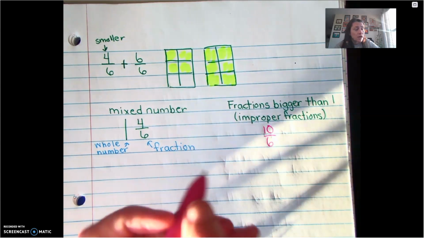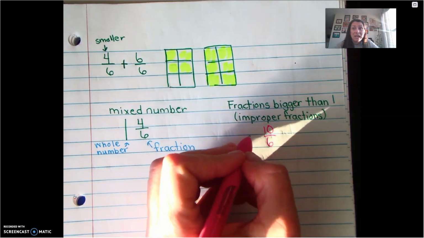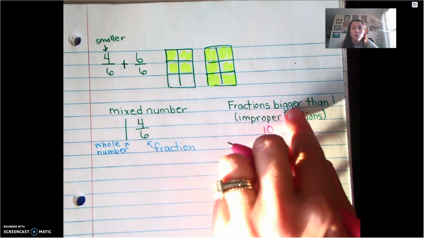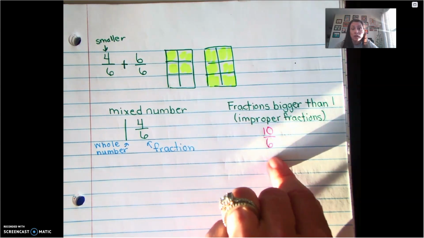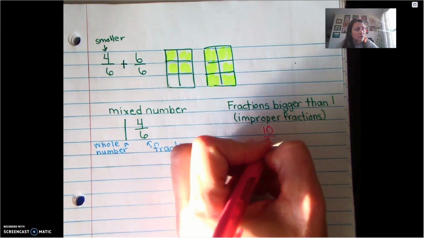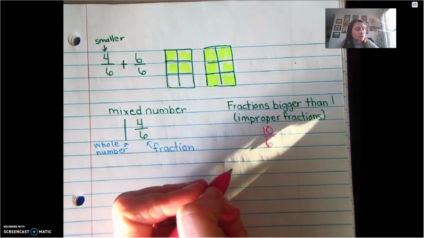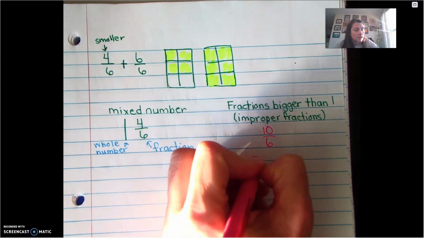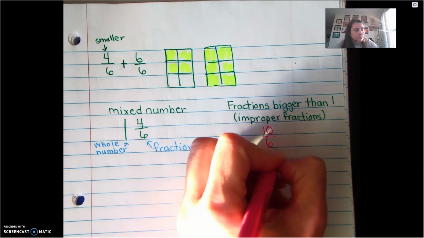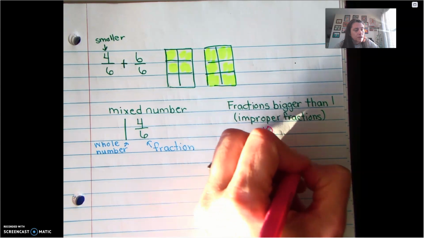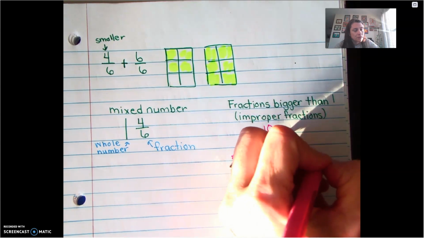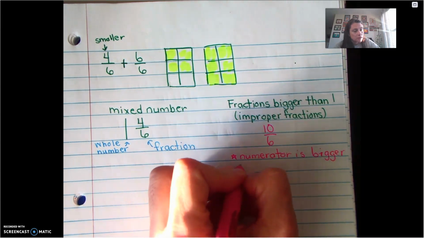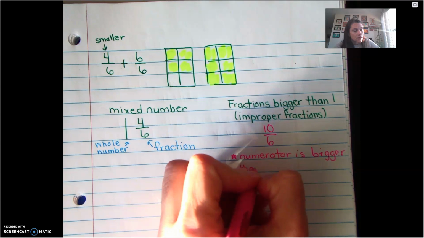If the numerator, the top number, is bigger than the denominator, that means it's a fraction bigger than 1 and you have a 1 whole in there.